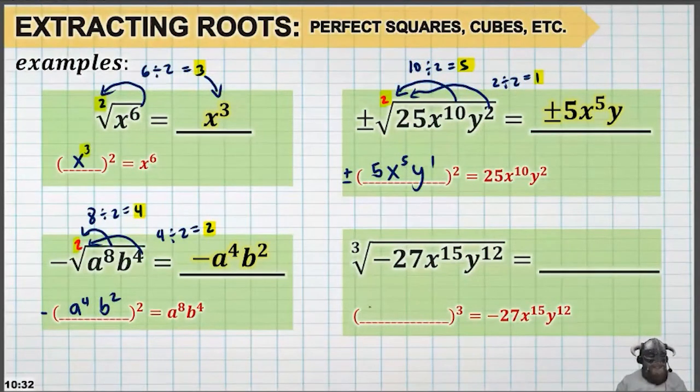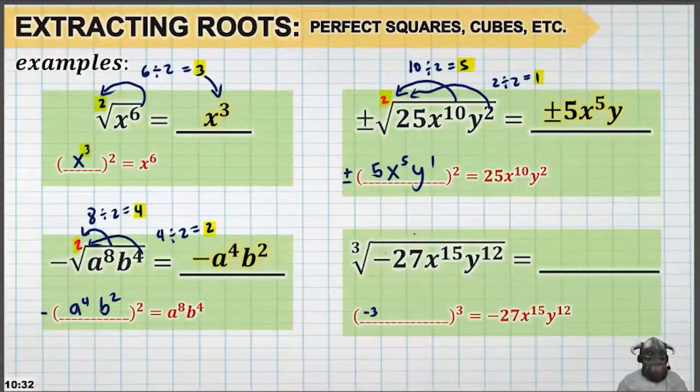Anong cube root ni negative 27? Negative 3. Yan. Tama. Jeneline and Raven. Negative 3. So, bilis ni Darren, no? Alam niyo na kung sinong tatanungin kapag may assignment dito, ha? Si Darren, tsaka sila Jeneline, tsaka si Mervin, ha? Okay, so it's negative 3.